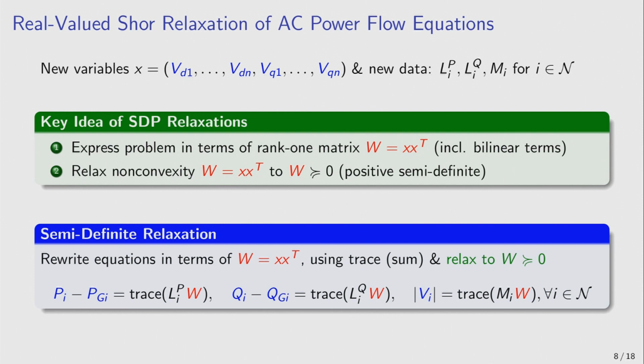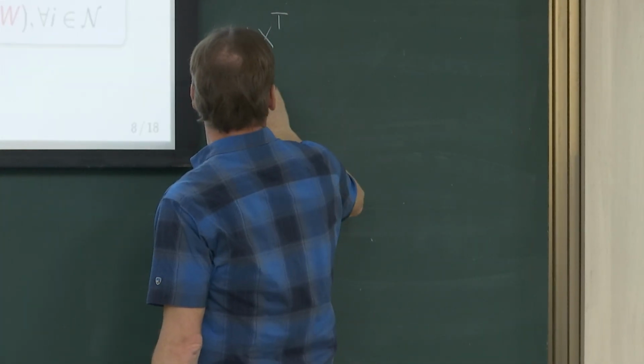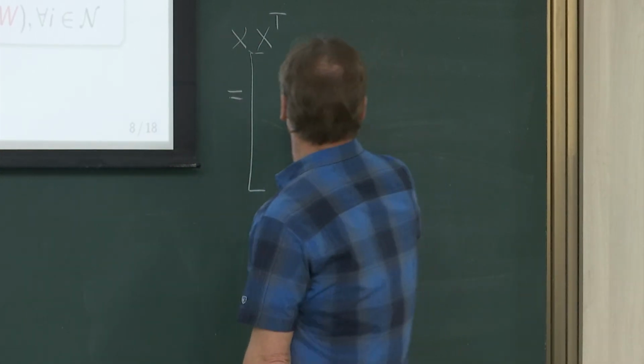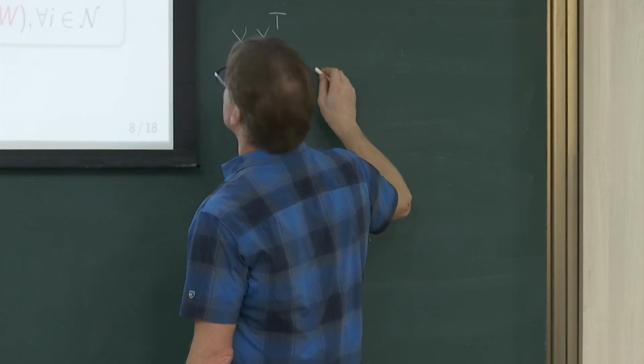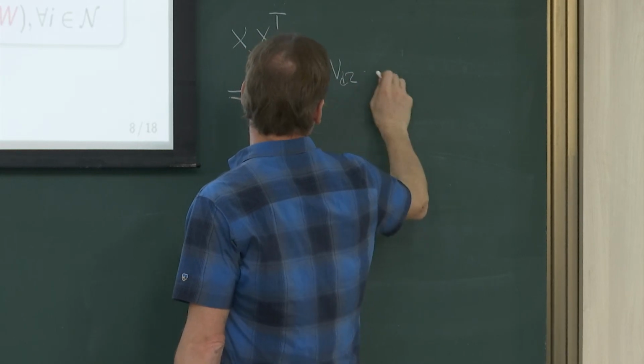And so why does this work? Well, if you form this outer product that I have up there, so if my x is given up there, and if I form x transposed, then this matrix, the first term is VD1 squared, and then I have VD1 VD2, and so on.